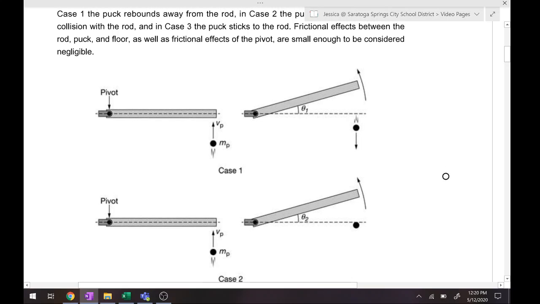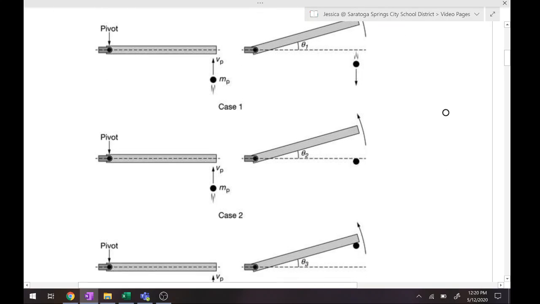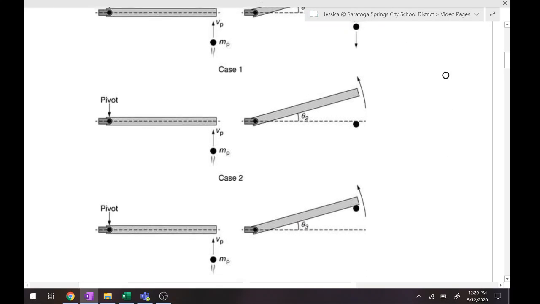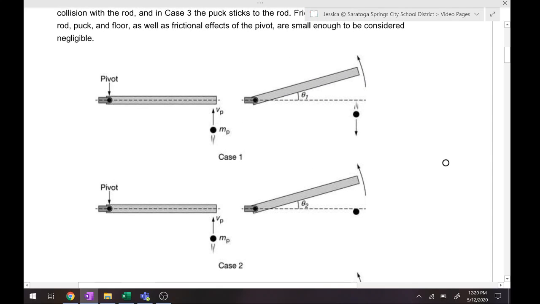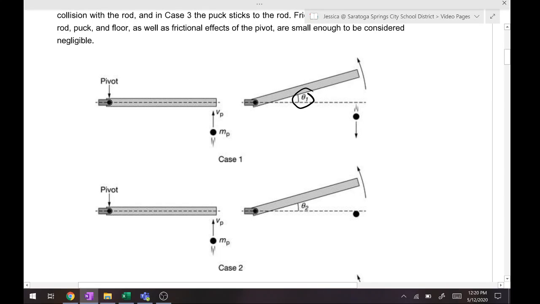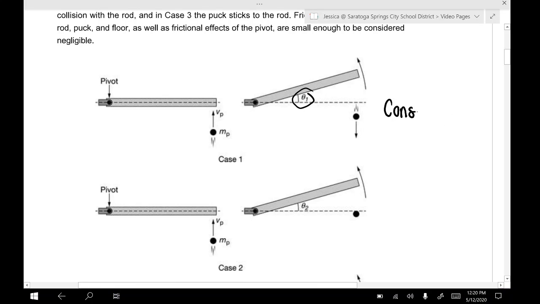Okay, so we have diagrams in each of the cases, and based on the fact that we're dealing with an angle here, I'm probably looking at some type of conservation of angular momentum.